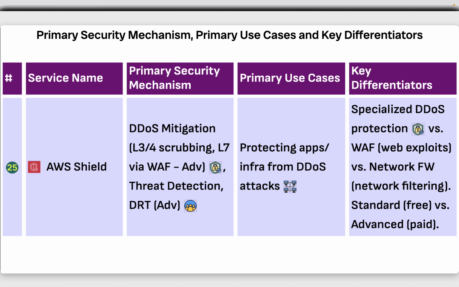Use cases are protecting applications and infrastructure from DDoS attacks. Key differentiators are specialized DDoS protection versus WAF, which is only for web exploits, versus one more service, Network Firewall, which is only for network filtering. And there are two options within Shield: one is Standard, which is free, and the other is Advanced, which is paid and comes with a lot of features.